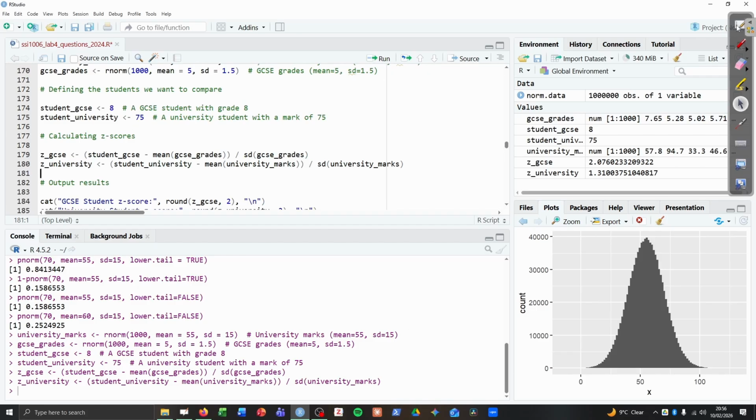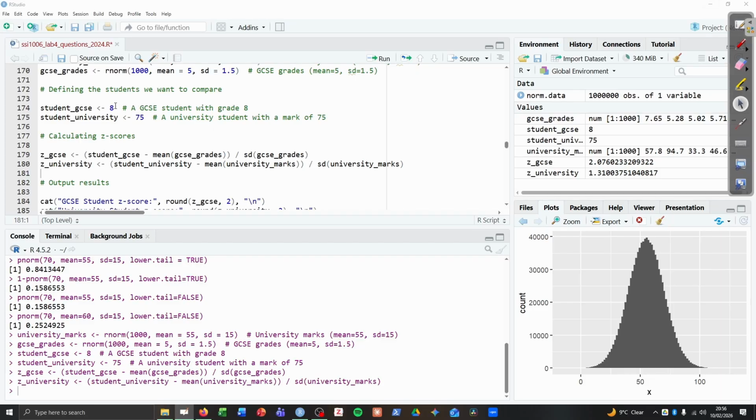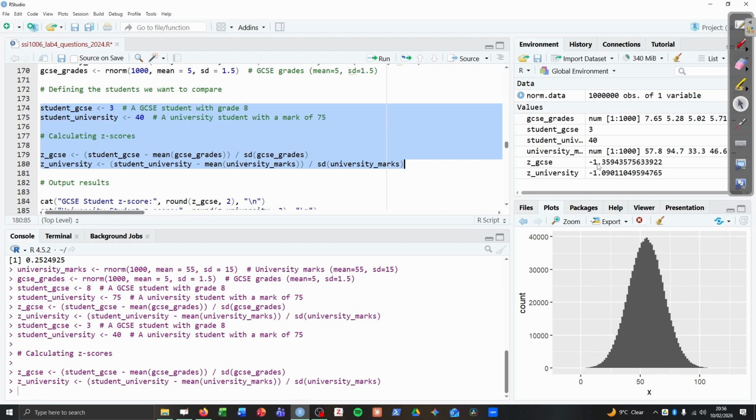Now, if we go in the other direction with our Z scores, so let's say this is a standard deviation or a Z score of +1, +2, and actually this should have within this distribution up to about +3. Here we have -1, -2, and -3. So if we decrease the scores of our hypothetical students, so let's give the university student a 40, GCSE student a 3. Let's recalculate those Z scores.